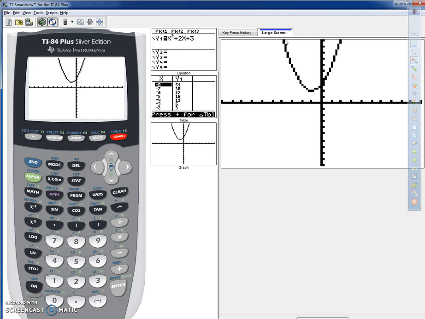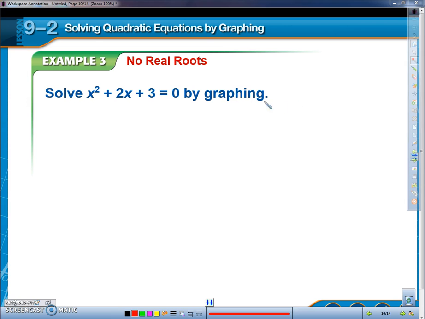It doesn't. It doesn't cross the x-axis. So it is a no solution problem. There are no solutions to this. It is what we would say is prime. When we are factoring, we would say that this is a prime problem because there's no way to multiply to get a 3 and add together to get a 2.